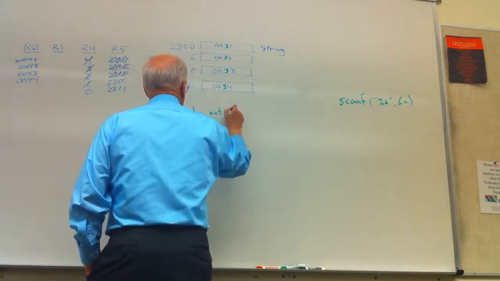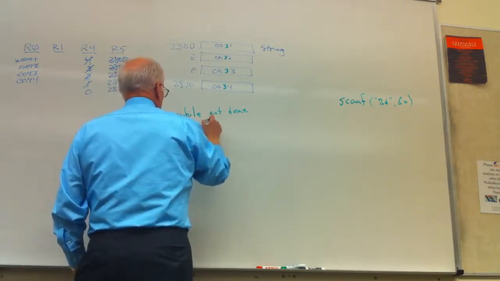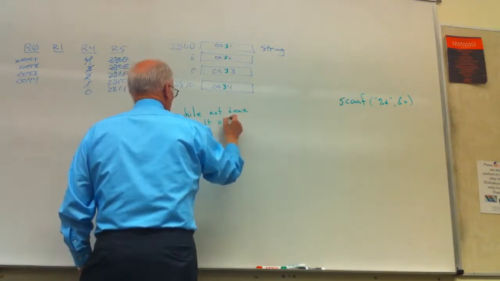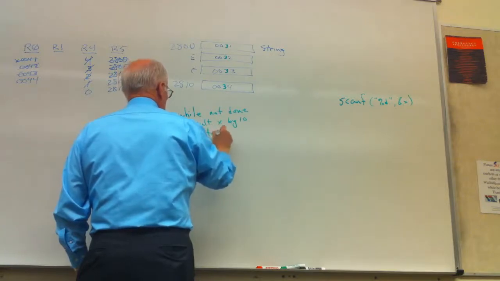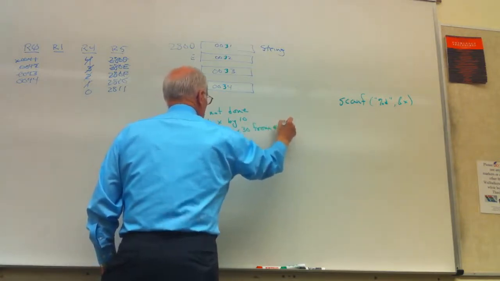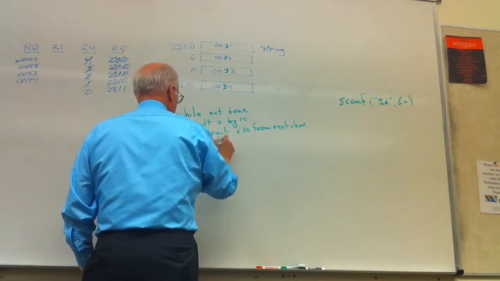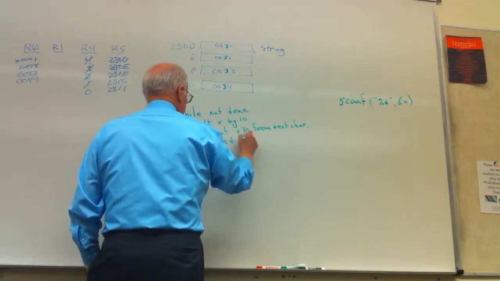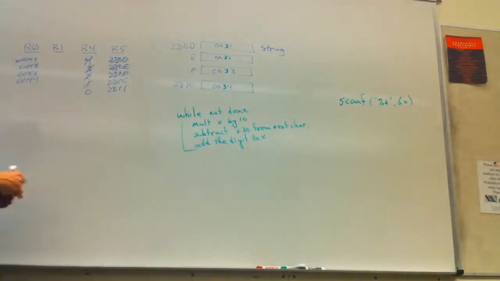While not done, multiply, we'll call it X for now, by 10, subtract 30 from the next character, add the digit to X, and then you go back and look through and do it again until you get down to the last character in the string.